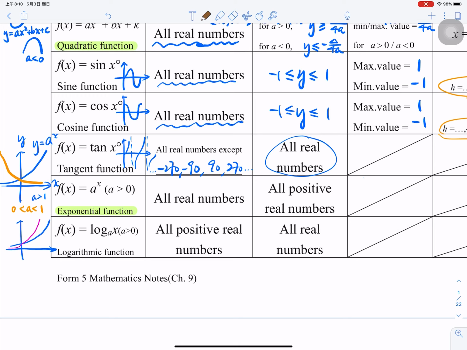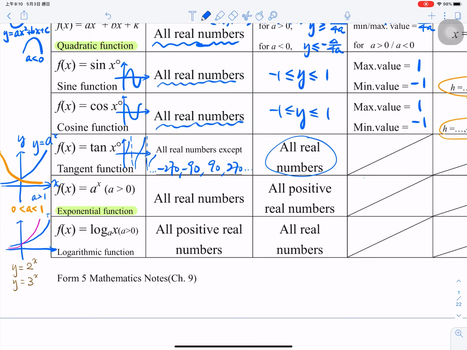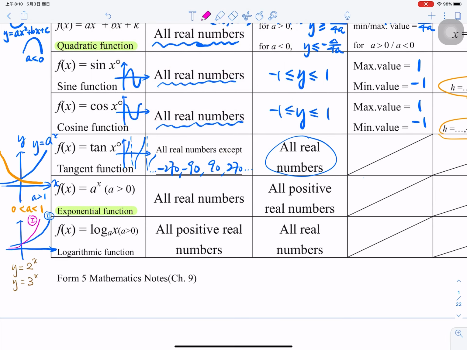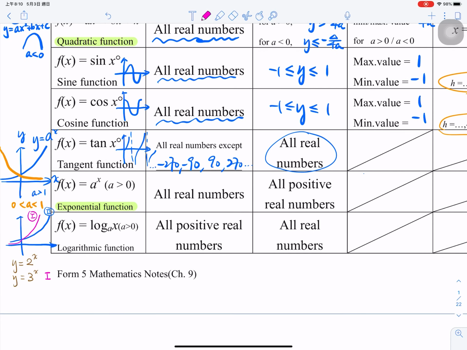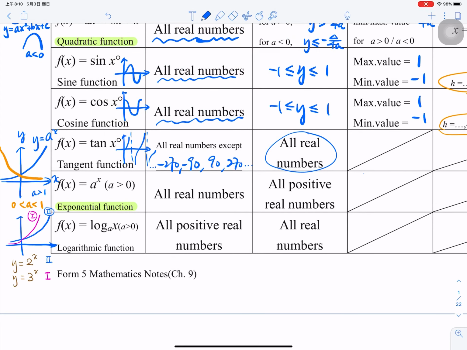If now I have y equals 2 to the power x, y equals 3 to the power x, which one is the purple one? Which one is the blue one? This one is number 2, this one is number 1. Do you remember? Yeah, correct. This one is number 1, and this one is number 2. Do you know why?